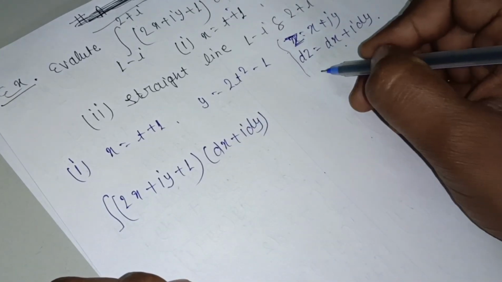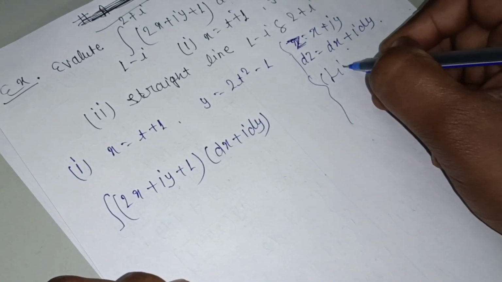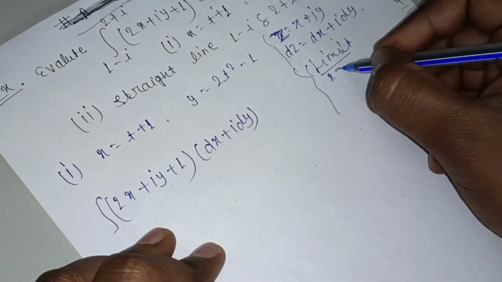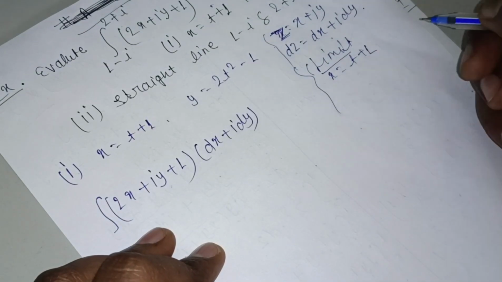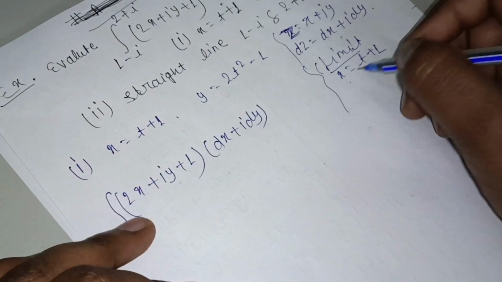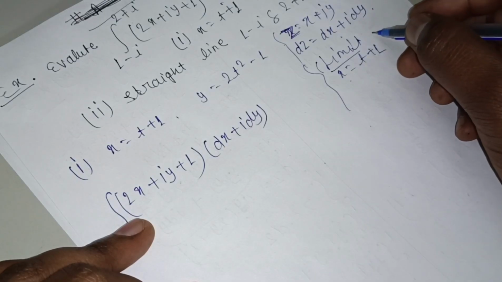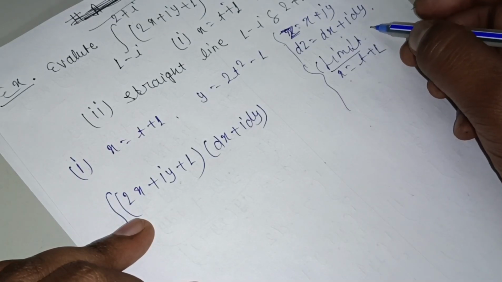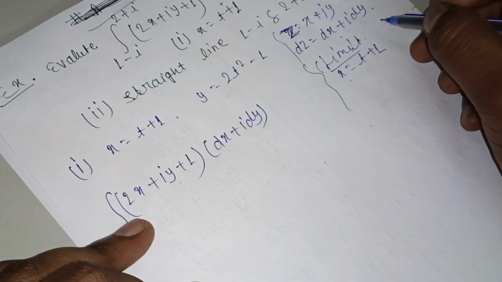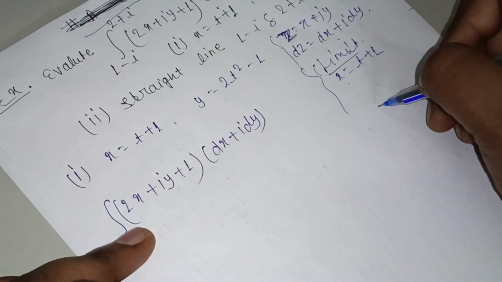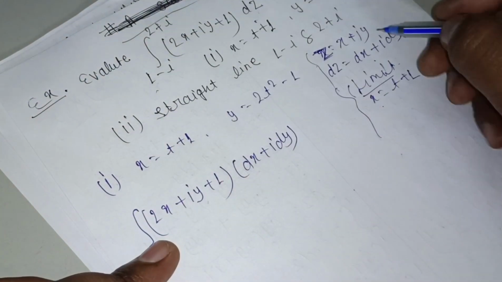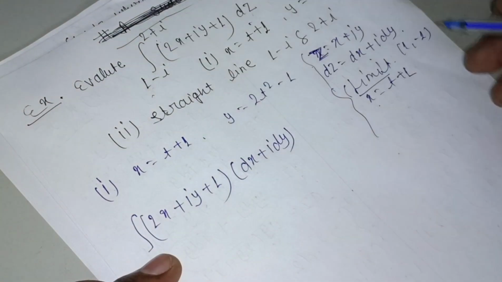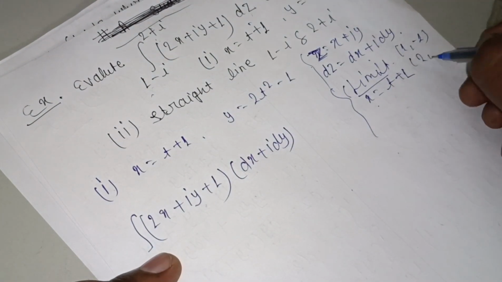So now let's see the limit. We have given x equal to t plus 1. Points are given 1, minus 1, and 2, 1.